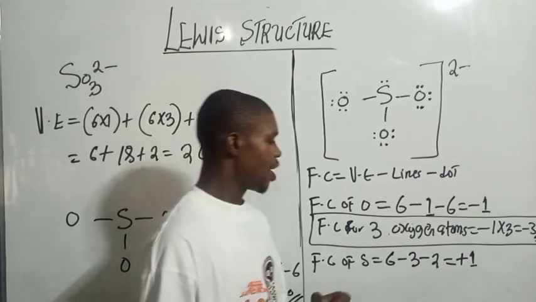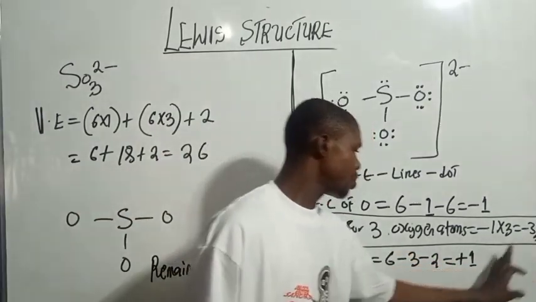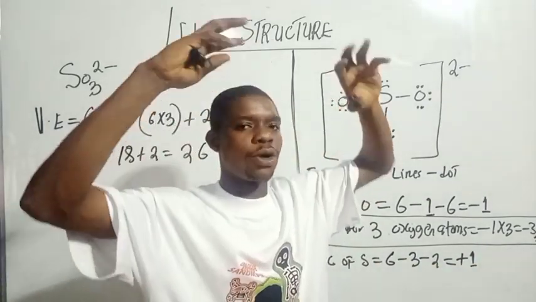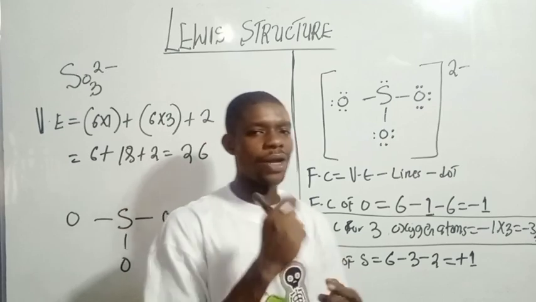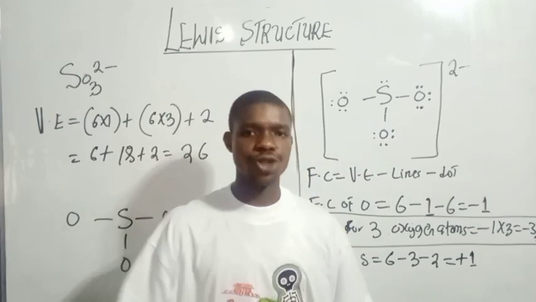So if the check is right, the total formal charge is minus 3 plus 1. We are not calculating the total formal charge of the molecule directly. Therefore, you have to calculate the formal charge of each of the elements that make up the molecule, then sum them together.